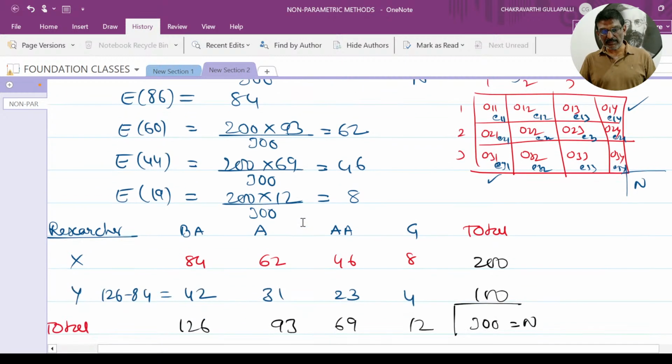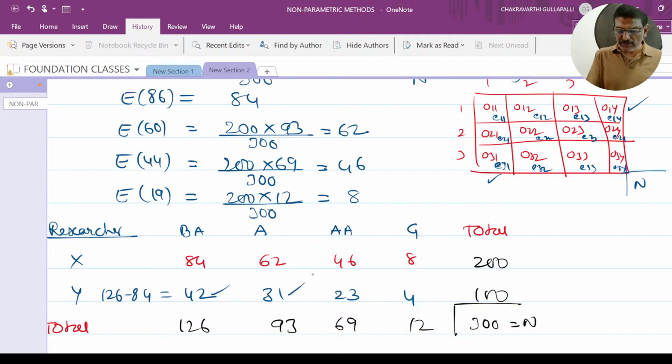After the first row is completed, you have to calculate the second row expected frequencies using the short technique. Total minus the first cell expected frequency gives the second row first cell expected value. So 126 minus 84 gives 42, 93 minus 62 gives 31, like this.